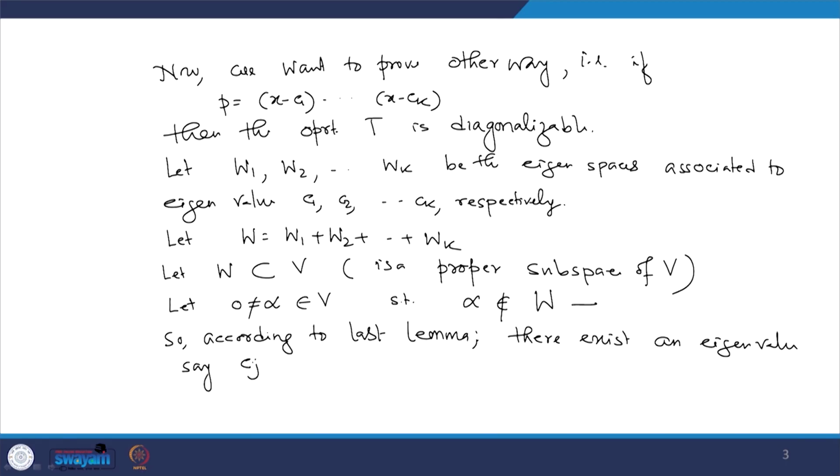Certainly Cj will be one of C1, C2, Ck such that T minus Cj I operating on alpha will belong to W. So, let beta equal to T minus Cj I operating on alpha, which belongs to W.